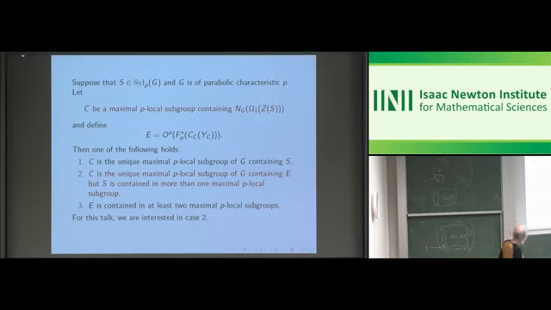So here's one of 3 things that happen, which forces the future investigations. It could be that C is the unique maximal p-local subgroup of G containing S. So there's just one maximal p-local. Whenever I take the normalizer of a p subgroup that's normal in S, it's trapped in C. That's one case.